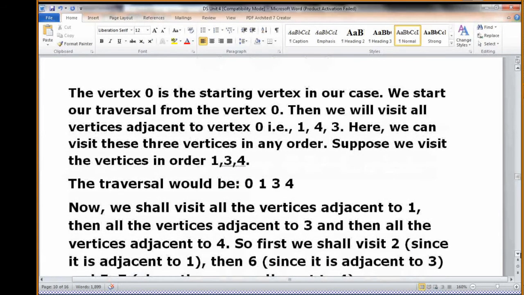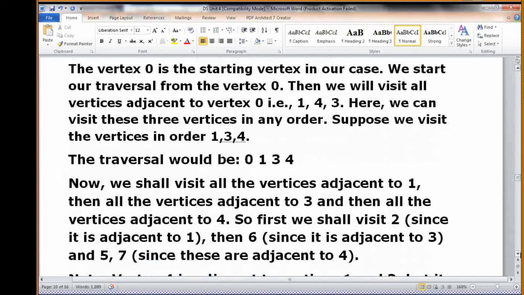But once you fix 0, 1, 3, 4, you have to visit the adjacents of 1 first, next 3, next 4. For example, if your order is 1, 4, 3, then you have to visit the adjacents of 1 first, next 4, next 3. Please remember this. You can take 1, 3, 4 or 1, 4, 3 as you like, but once you fix the order, you have to visit based on that.